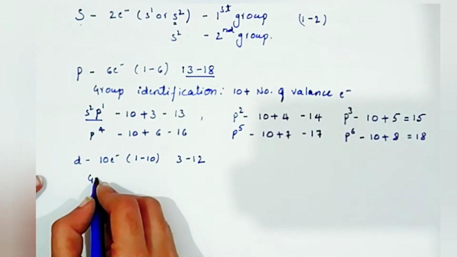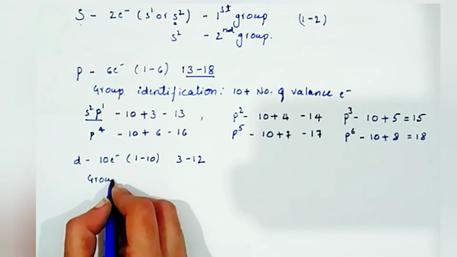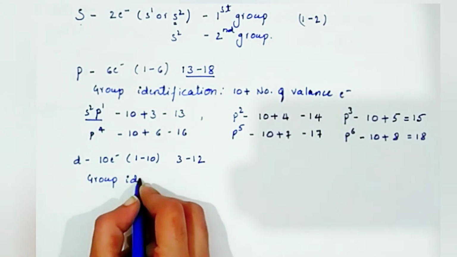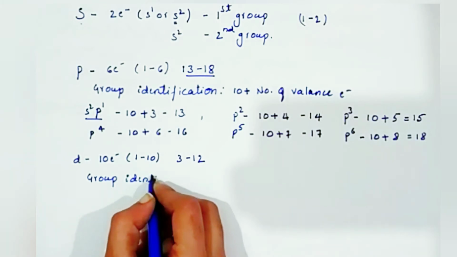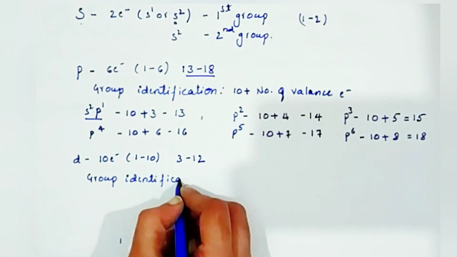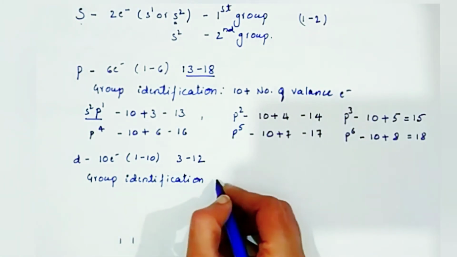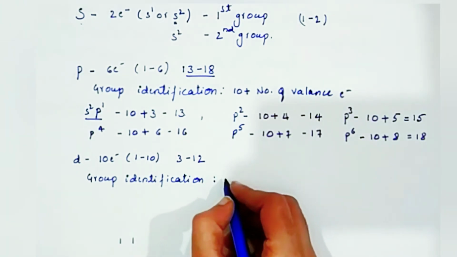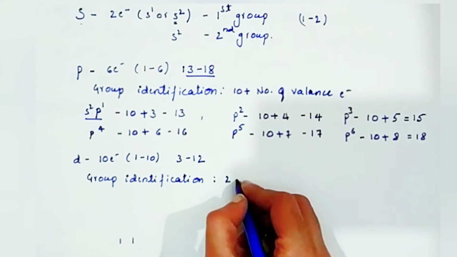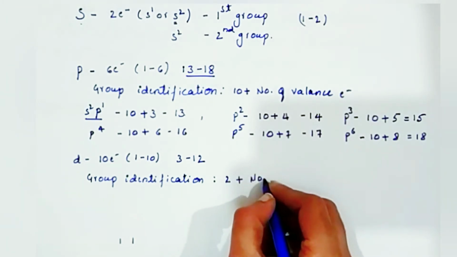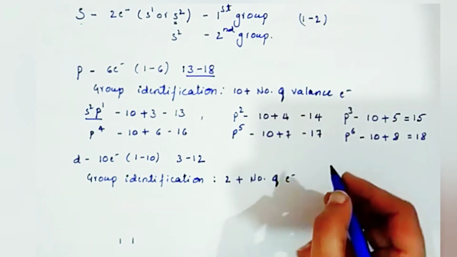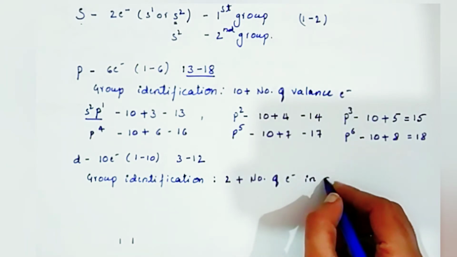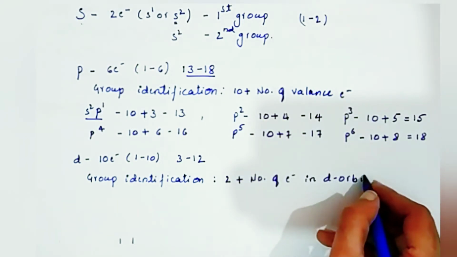For d orbital, the group number is 2 plus the number of electrons in d orbital. This is the formula.